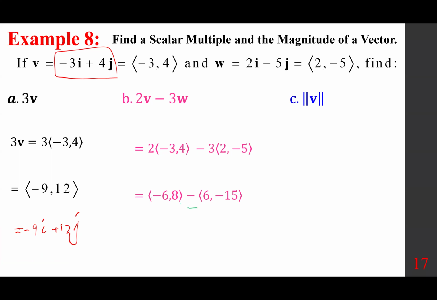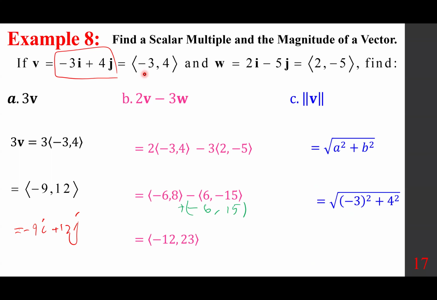So you can say minus 6 plus 15. This one and this one, negative 12. This one and this one, 23. So you do the components accordingly. What is the magnitude of v? It is the square root of a squared plus b squared, which is negative 3 quantity squared plus 4 quantity squared. And we've seen this, 25, and it comes out as 5 many times before.